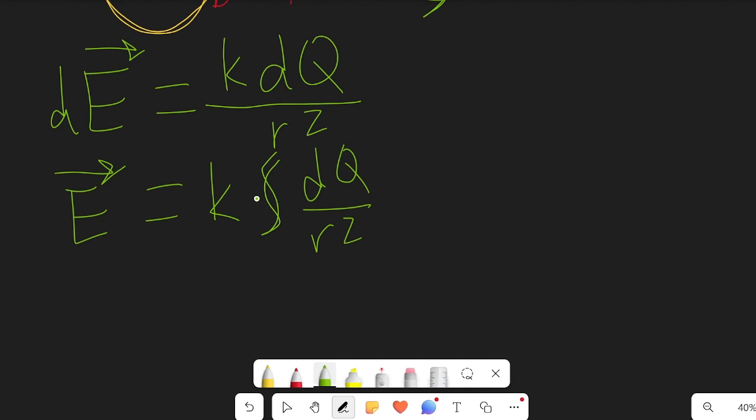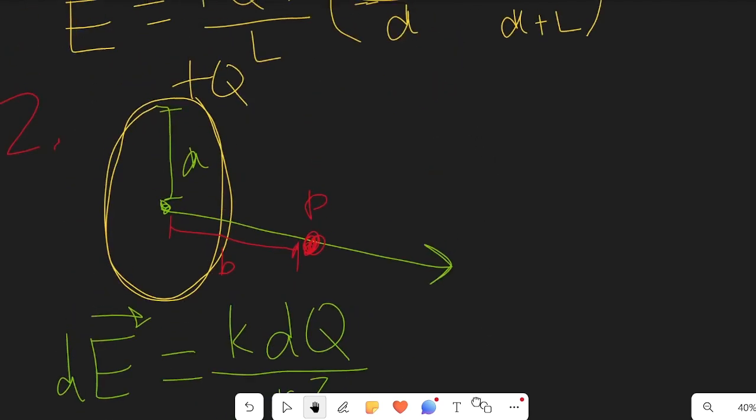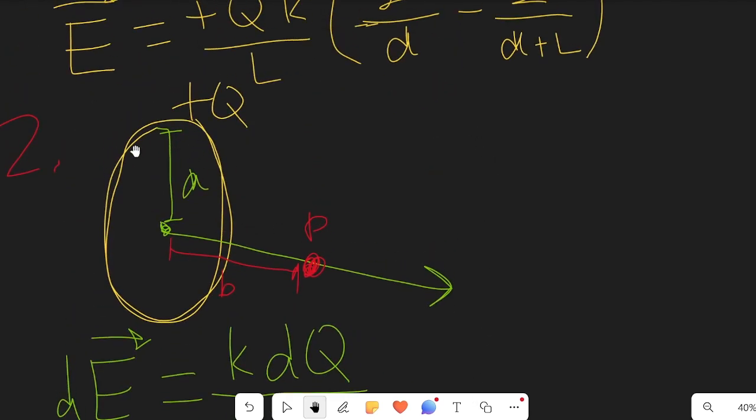So in this case, if we think about it, we don't actually have to find any bounds for this integral because everything is just a set distance away. You might be tempted to think the bounds are like 0 to 2 pi a, right?